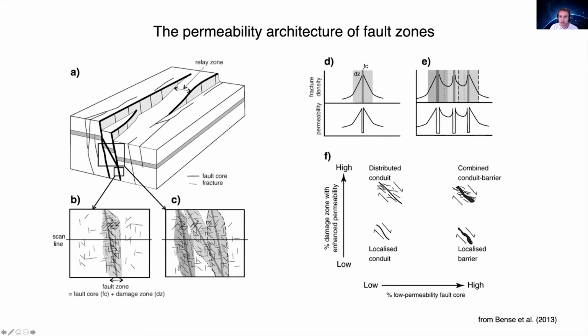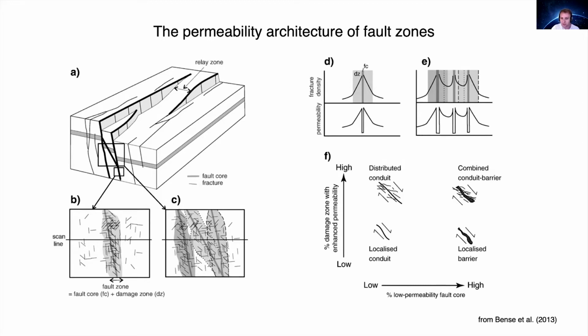In terms of permeability architecture, there's a variety of different ways of thinking about this. One of the prevailing ways today is to think about this in terms of barriers and conduits, with the different components of these fault zones acting like that. So for example, if you have a series of faults like this, often people will think about how the core and the damage zone together combine to act as either a conduit or a barrier type of system.